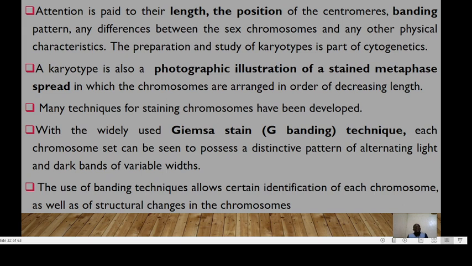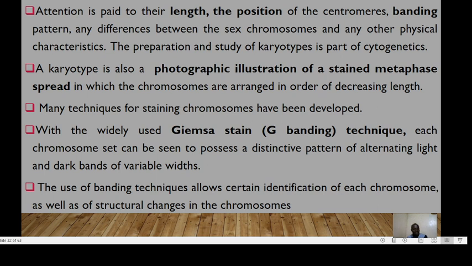A karyotype can also refer to a photographic illustration of a stained metaphase spread in which the chromosomes are arranged in order of decreasing length. Many techniques for staining chromosomes have been developed, with the most widely used being the Giemsa staining technique, where each chromosome set can be seen to possess a distinctive pattern of alternating light and dark bands of variable widths.